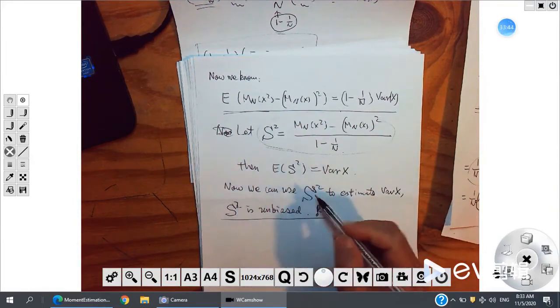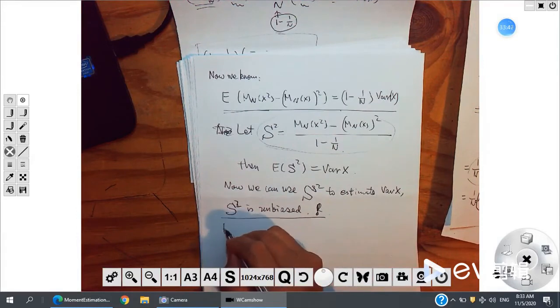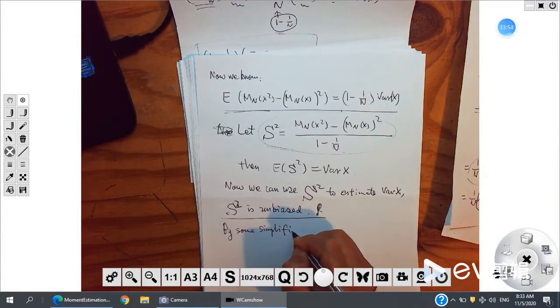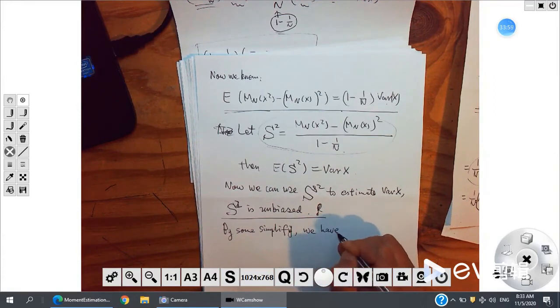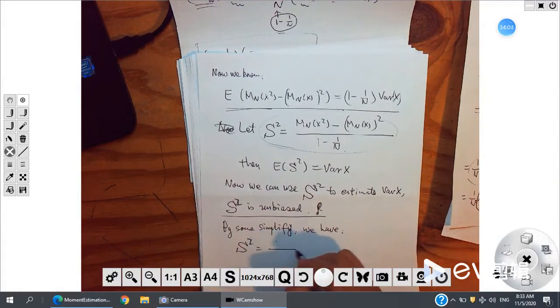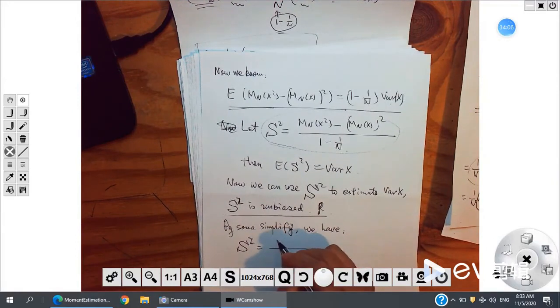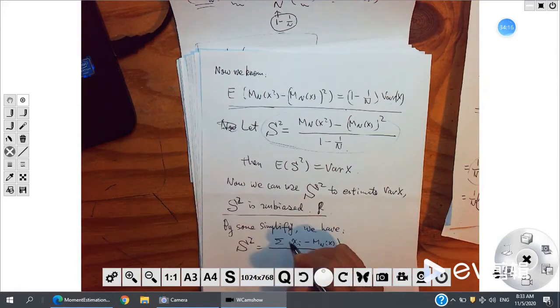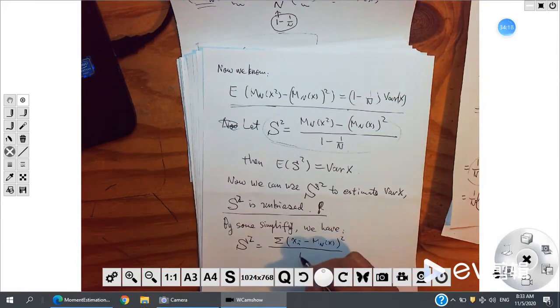After you do some simplification, we have this one, s squared. It is the summation of xi minus the mean of x, squared, over n minus 1.